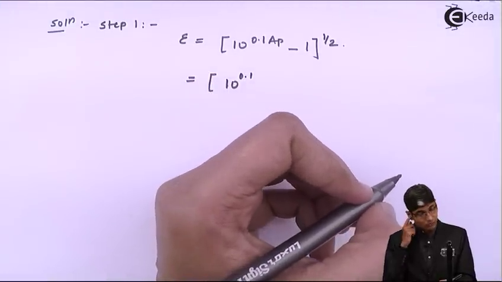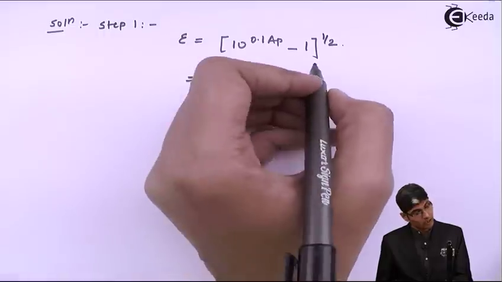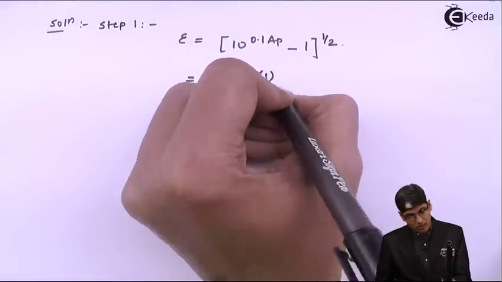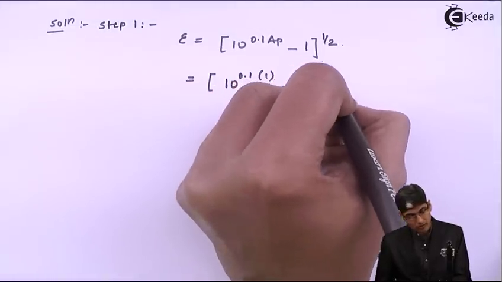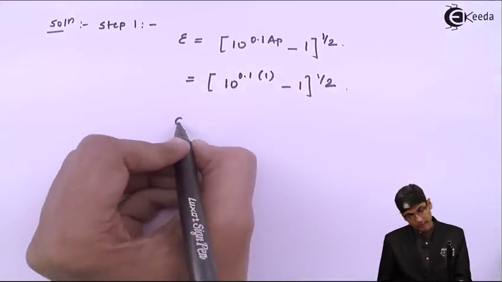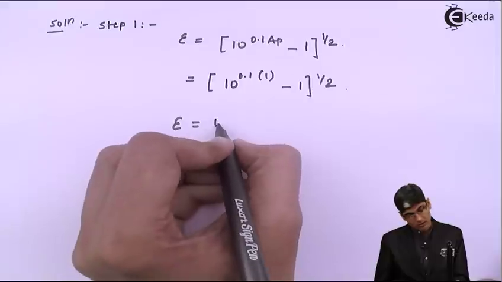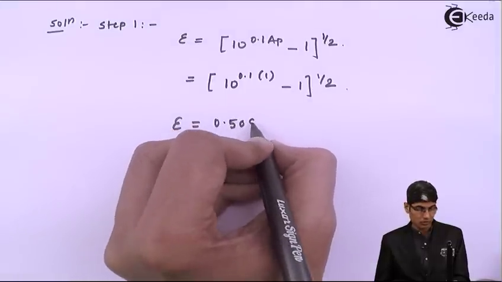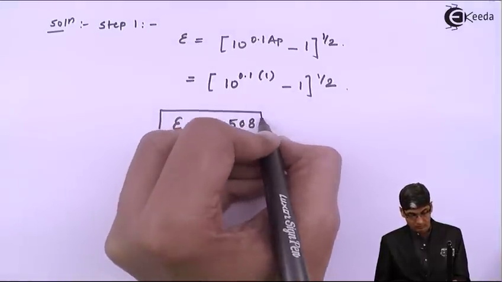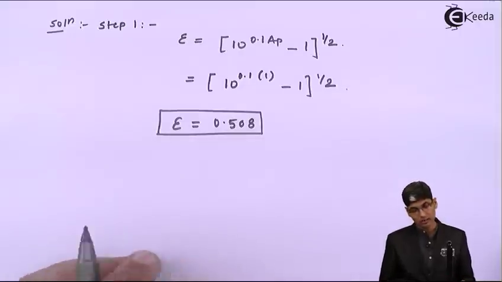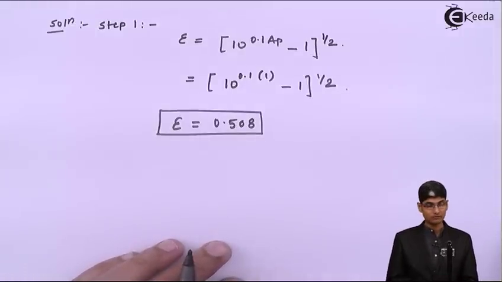AP over here is given as 1 dB, so I'll put 10 to the power 0.1 times 1 minus 1, raised to 1 by 2, and epsilon according to my calculation is 0.508. So this is what the value of epsilon is.